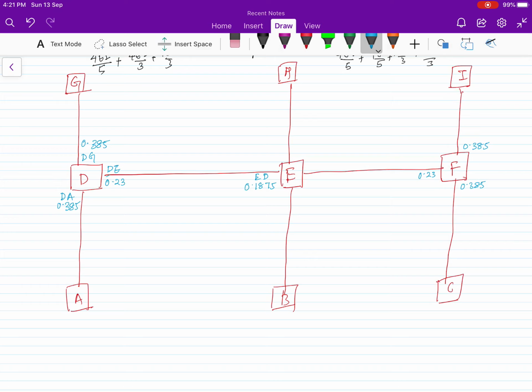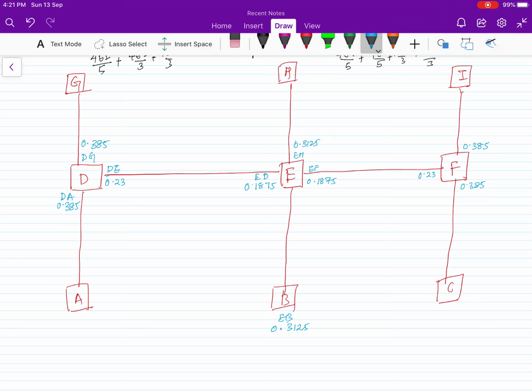Then for EF we have 0.1875. Then for EH we have 0.3125. So for EB we have 0.3125.